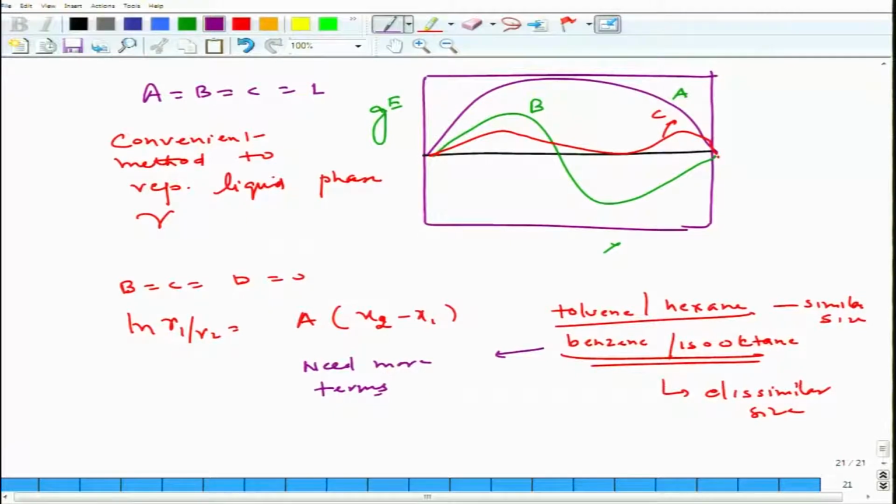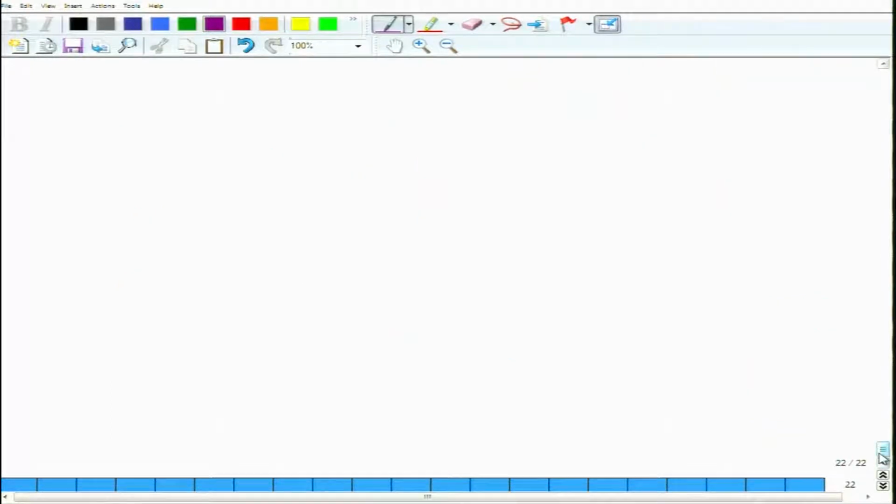In other words, one thing which should be clear is that if you have the experimental data, then you should be able to calculate the activity coefficients as a function of composition. So experimentally one can determine gamma 1 and gamma 2 as a function of x.